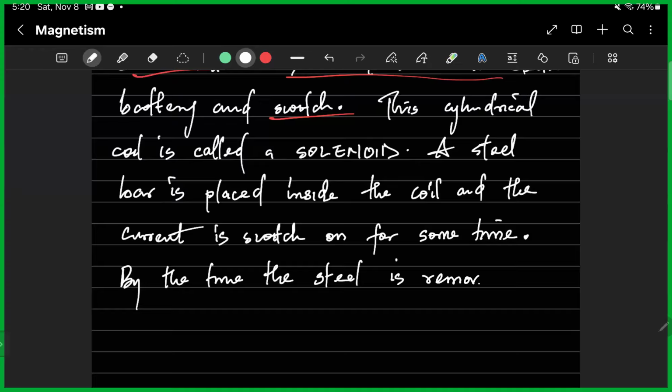By the time the steel is removed, it would be magnetized. So that's the process of magnetizing steel.